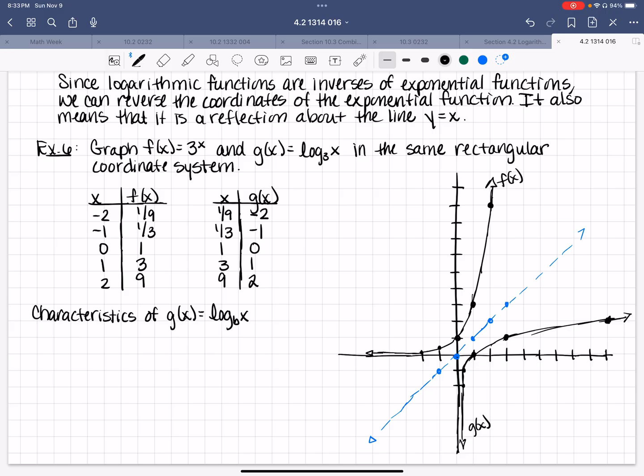You can call it f of x. It's fine. 1, let's talk about that domain of logarithmic functions. In general, the domain of this logarithmic function. And so we're looking at g of x here. So this is who we're looking at.